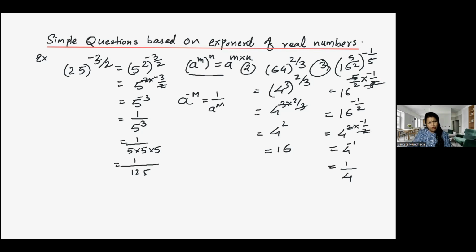Now, example number 4. Suppose 9 into 64 raised to power 1 by 3 plus 125 raised to power 1 by 3, all raised to power 3, and whole raised to power 1 by 4. So here you should know the BODMAS rule: bracket, of, division, multiplication, addition.